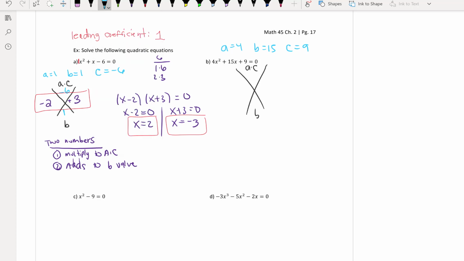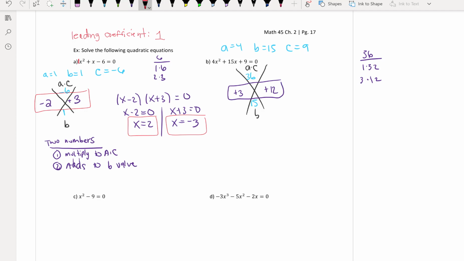So A times C, 4 times 9 is going to give me a positive 36, and our B value is 15. So again, we want 2 numbers that multiply to 36 and add up to 15. So when I think about it, I have 1 times 36, and I also have 3 times 12. And that 3 times 12 will give me my 15. So I would have a positive 3 and a positive 12.